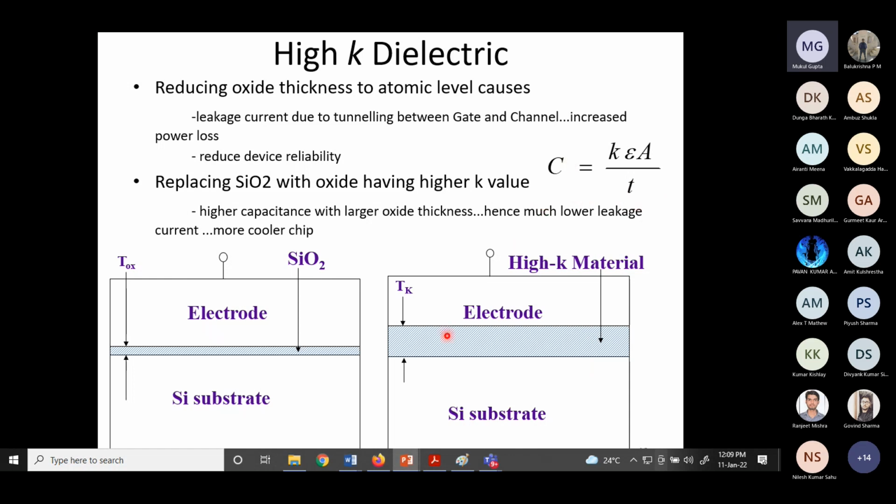So what people started doing, people started replacing SiO2 with some high K dielectric material. Now, I don't know whether you know it or have heard this, but the popularity of silicon or silicon based micro or nano electronic devices is not because of silicon itself.